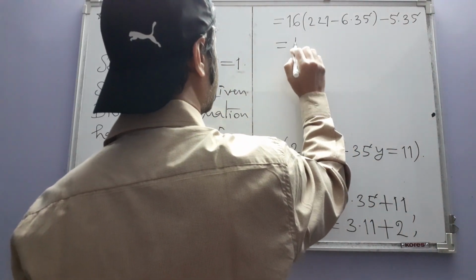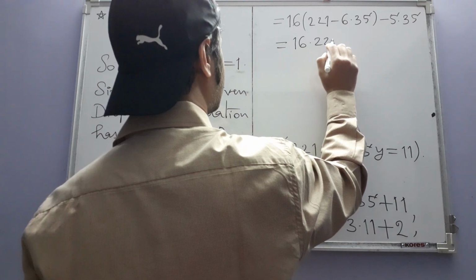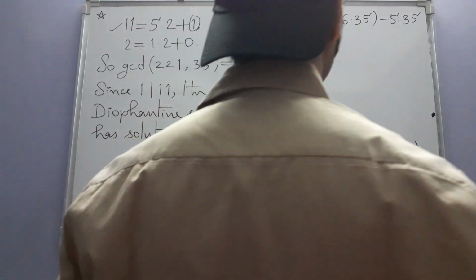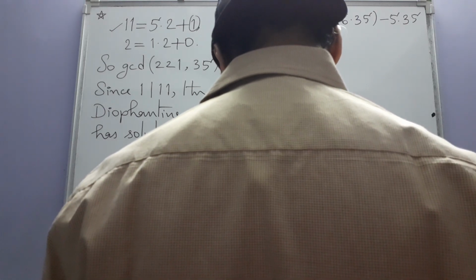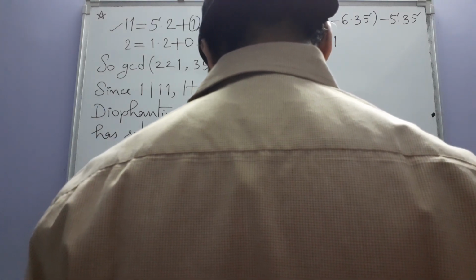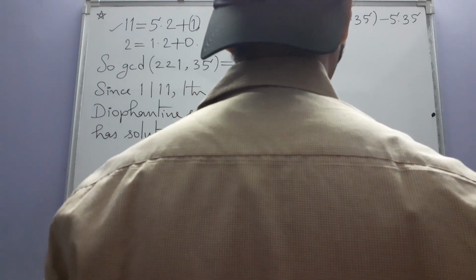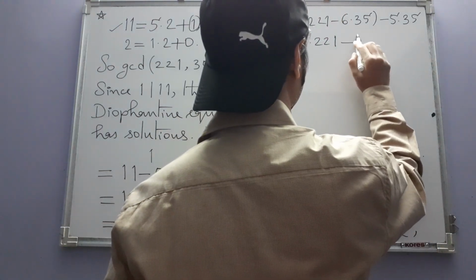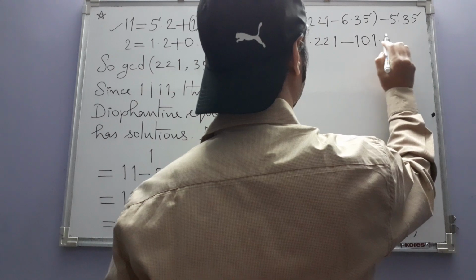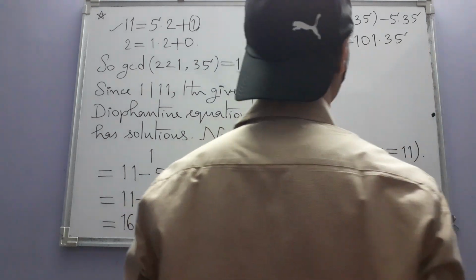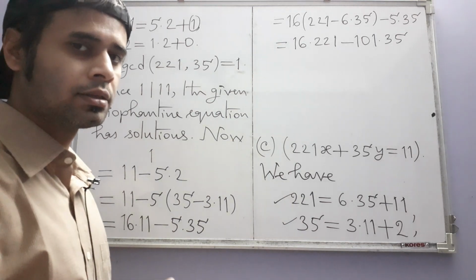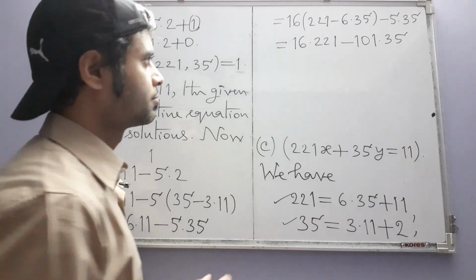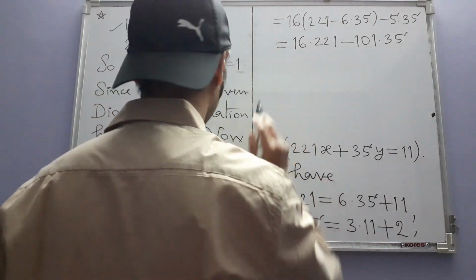That means we are getting 16 times 221 minus, it turns out to be, 101 times 35. This type of calculation, which many of you can do with ease, I find difficulty. So it's a problem that I have.